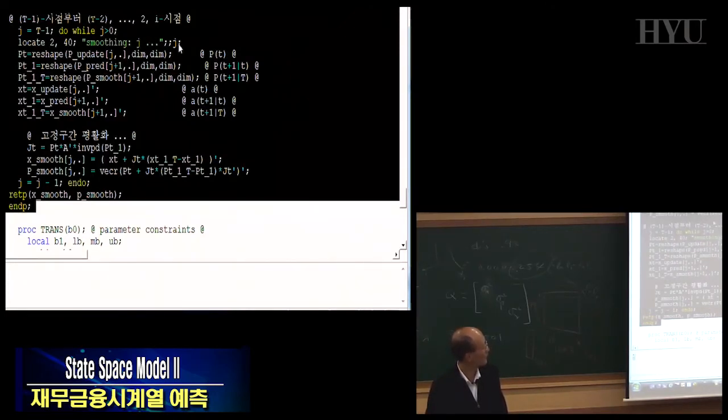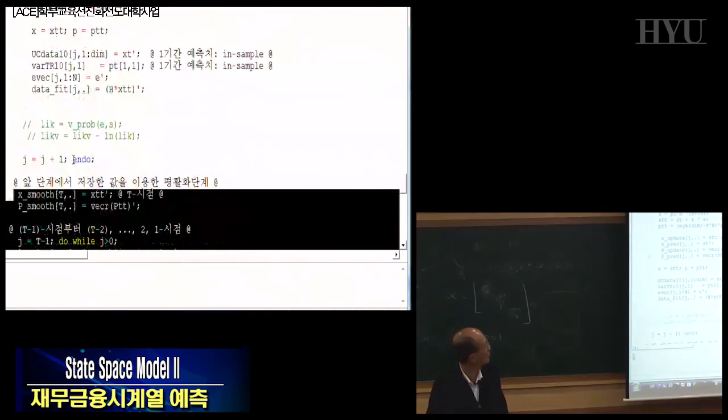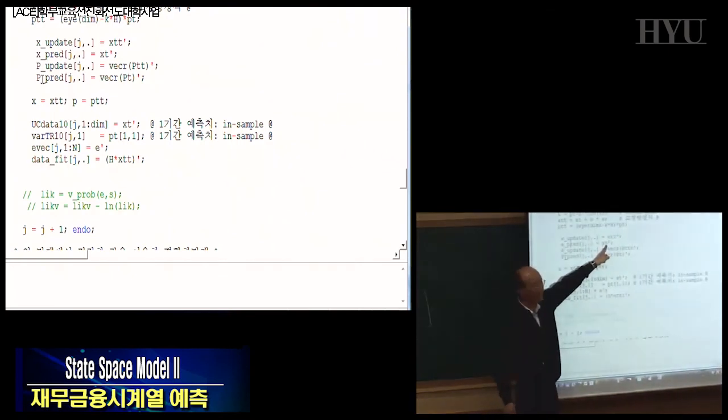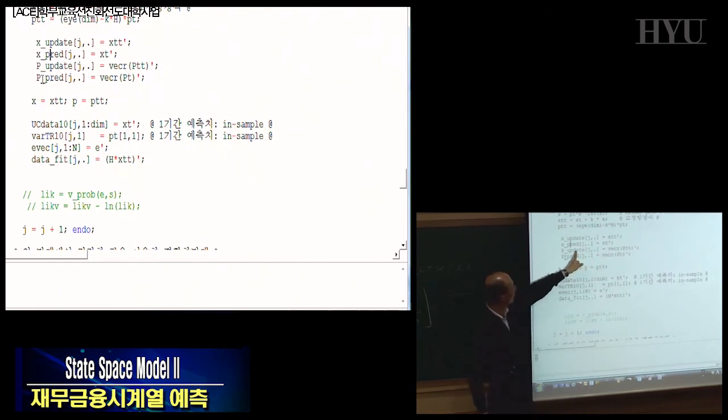I was recycling this code from someplace else. So this part you don't have to worry about, but X predict is XTT, X update is XTT, right? So if you keep storing this one in the right place and then form it this way, the rest will be automatic.